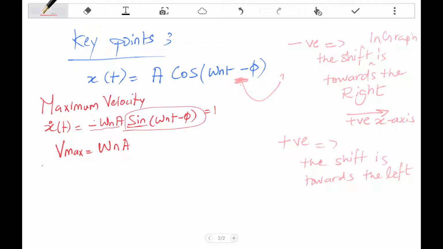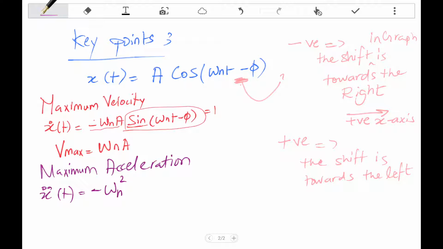And now they might ask you for the maximum acceleration. So you do the double dot thing, and then you get negative omega n squared A cosine. So in order for this to be maximum, the cosine has to be equal to 1.